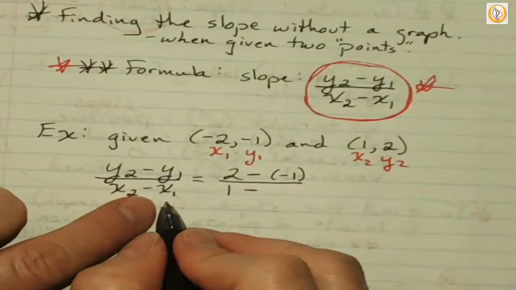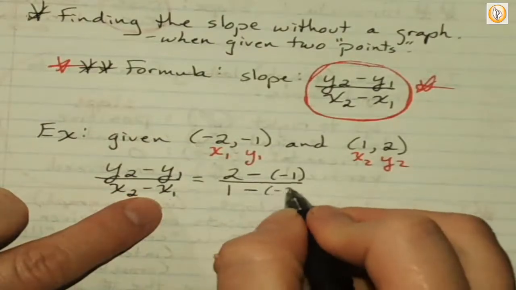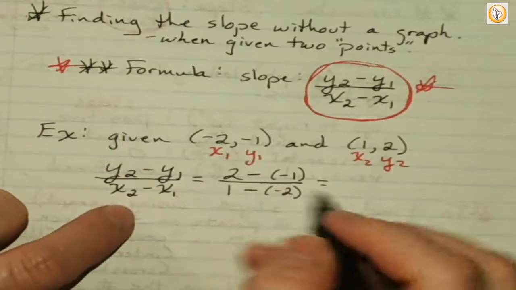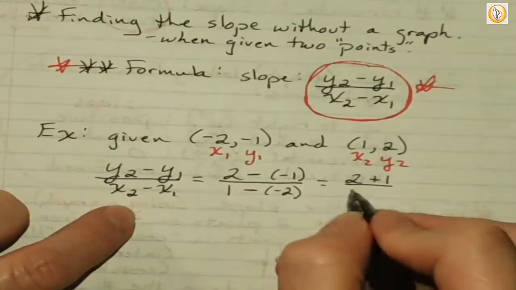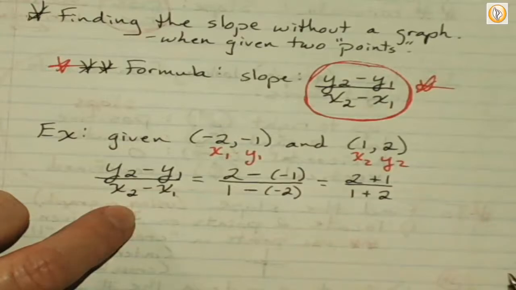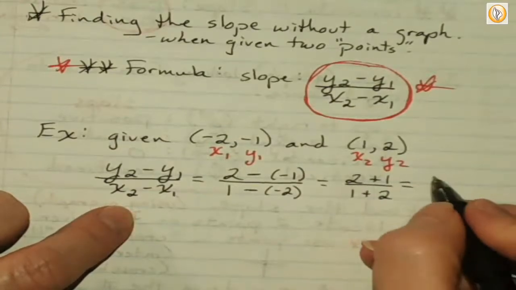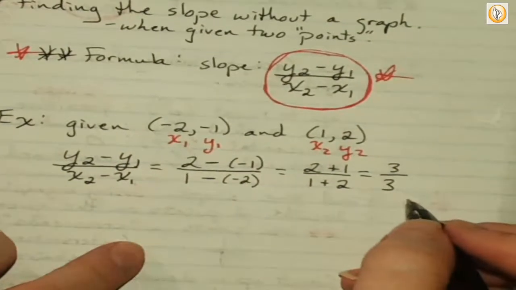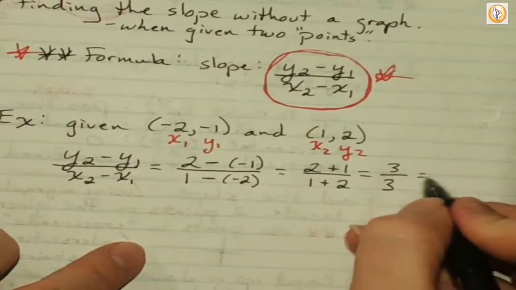What is x1, Kelly? -2. So Atalia said, oh look, negative is positive, so that's 2 plus 1 and 1 plus 2, right? So 2 plus 1 is 3, 1 plus 2 is 3. So then our slope is 1.